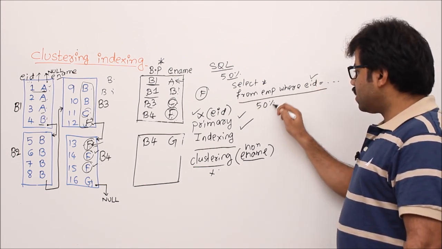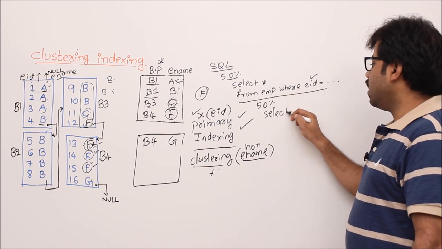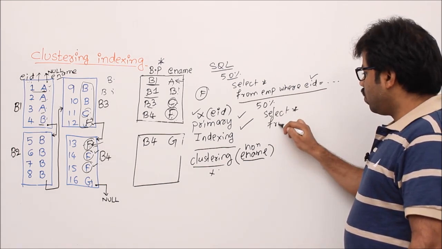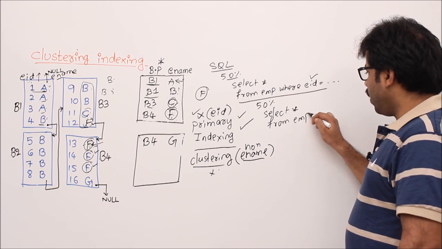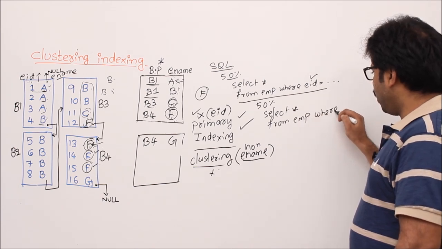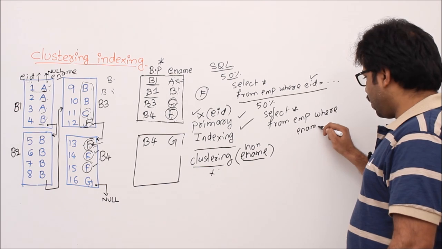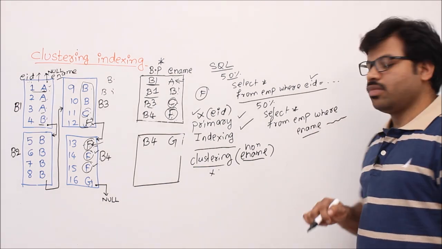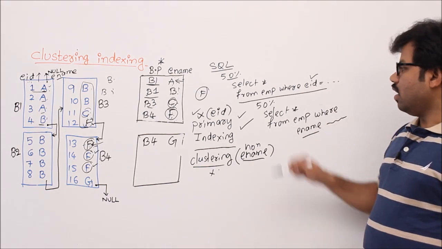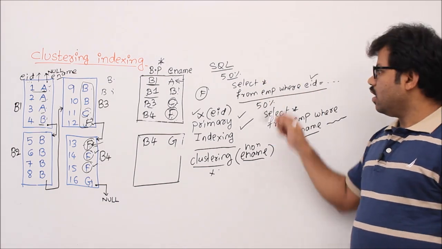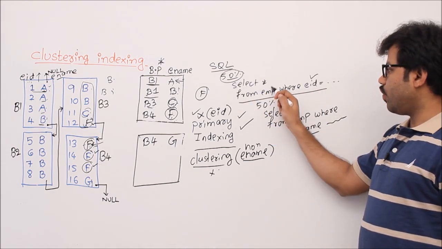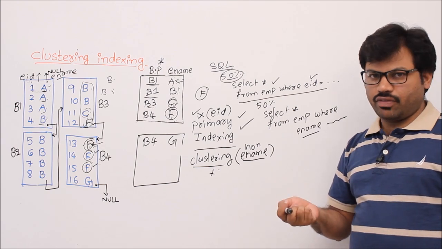For the remaining 50% of the time their queries are like: select star from EMP where employee name is something, that is, conditions on employee name. If that is the case and you have only primary key indexing, then 50% of the time your query benefits, right?